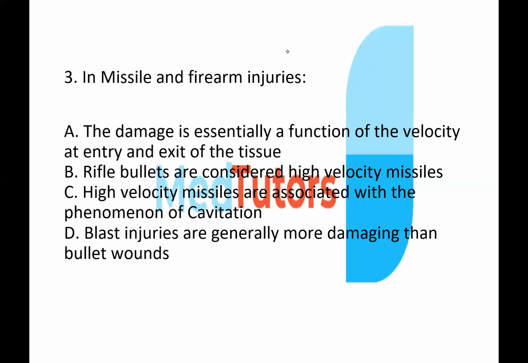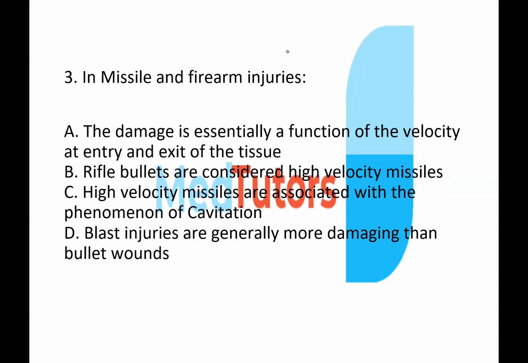In missiles and firearms, the damage is essentially a function of the velocity at entry and exit of tissue. True or false? Rifle bullets are considered high-velocity missiles.